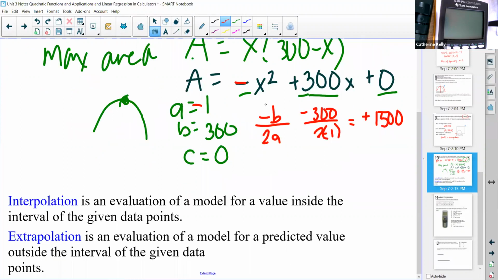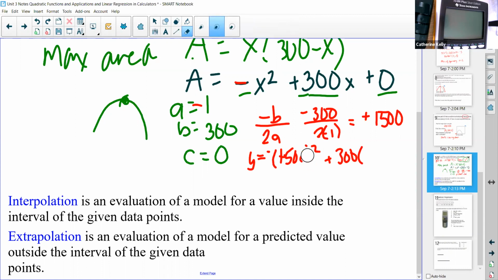So when that is, let's find our y for our vertex. And so y would equal negative 150 squared plus 300 times 150 plus 0.